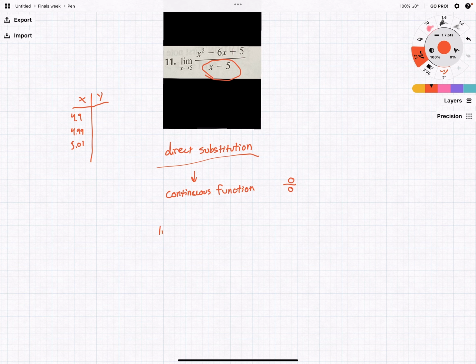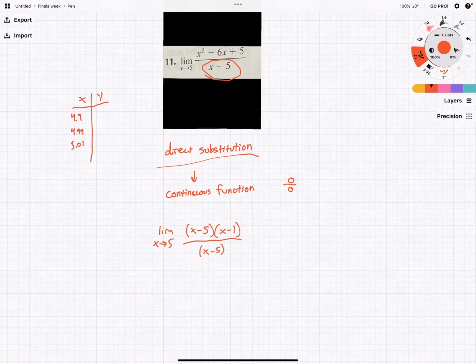We have limit as x approaches 5, as written above, right? Well, when I see x squared minus 6x plus 5, I know that this can be factored. So this can be factored into x minus 5 and x minus 1 all over x minus 5.